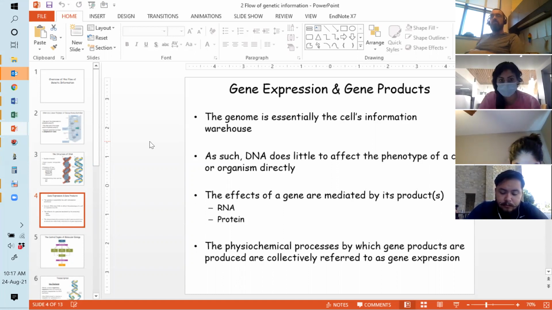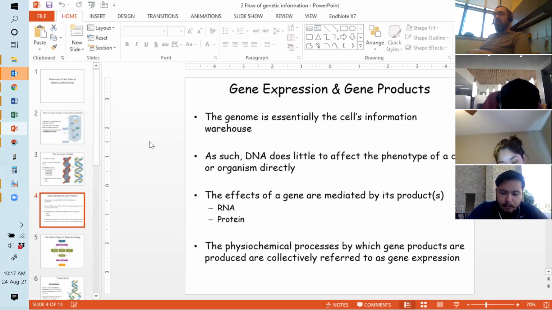The phenotypes that you see, or even ones you can't see, are mediated by RNA and protein. And the process by which those are produced is called gene expression.